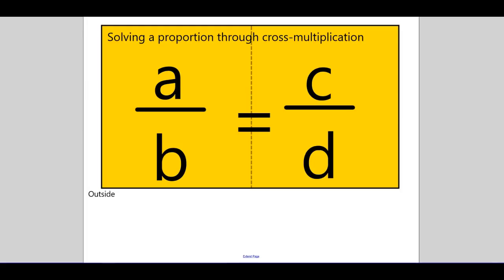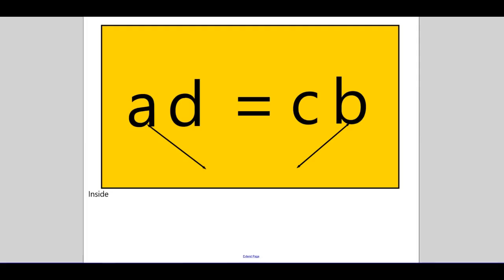Now, when we open this up, we're going to use the inside part to show what is meant by cross multiplication. So the next thing I'm going to show you is on the inside of your foldable, and this is showing you where your cross multiplication takes place at.